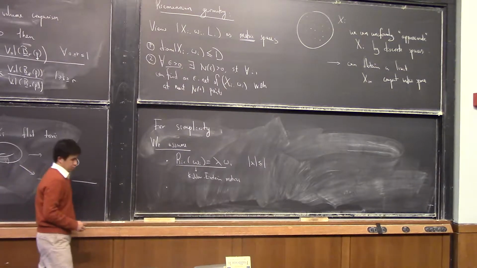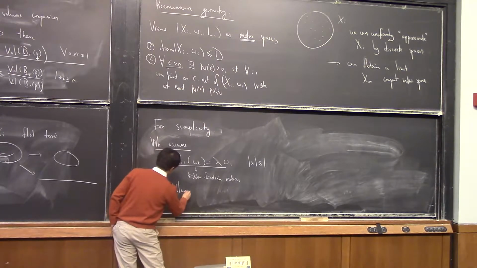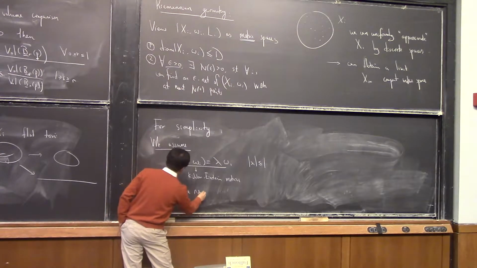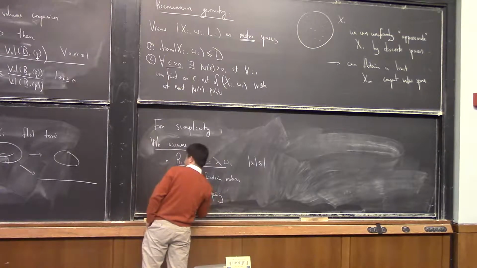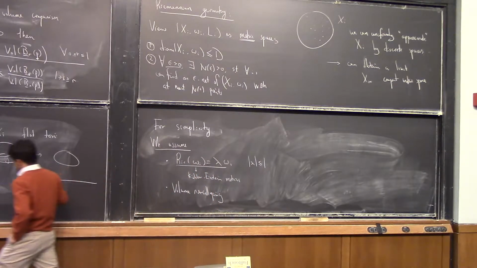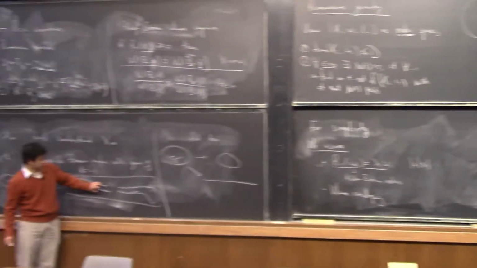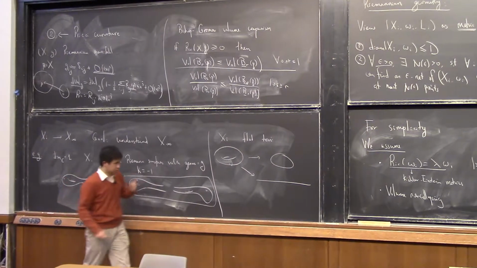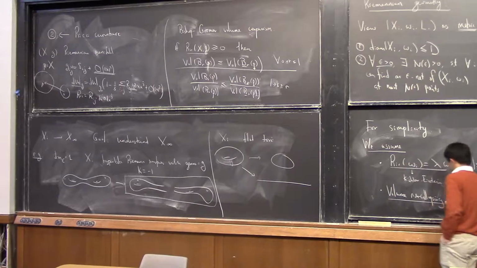And also we assume it's volume non-collapsing. So we call this collapsing. This one is not collapsing locally, but at infinity it's somehow getting thinner, so it's also some collapsing.